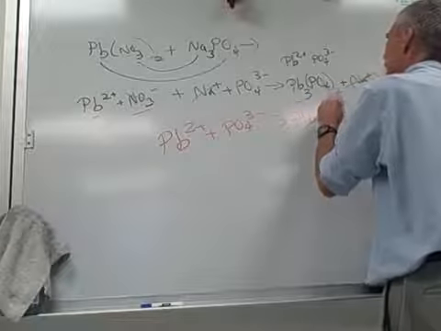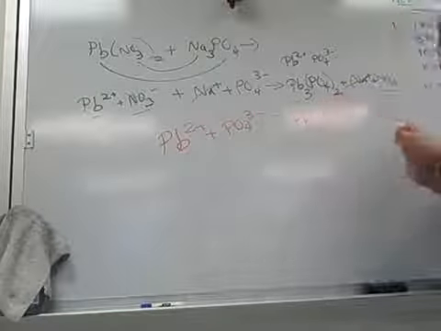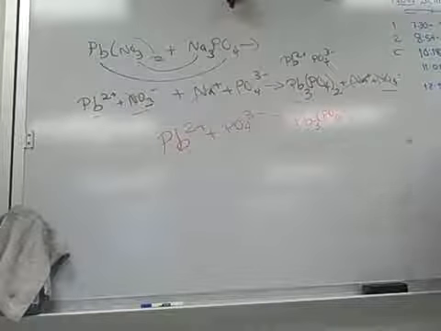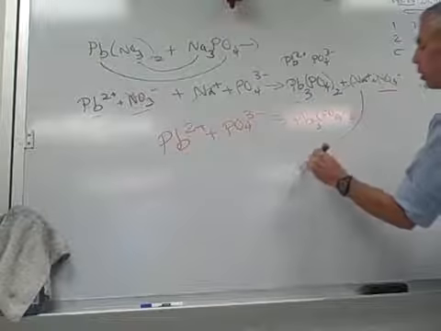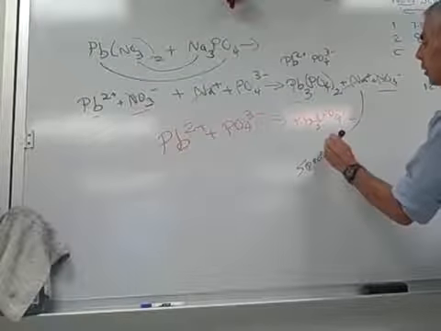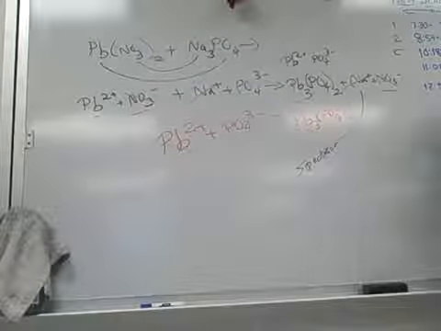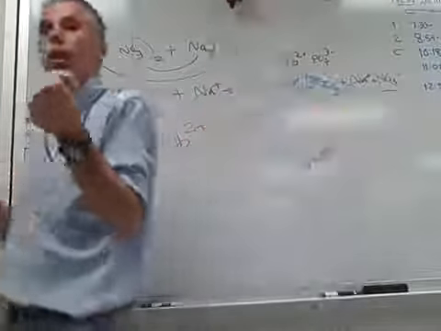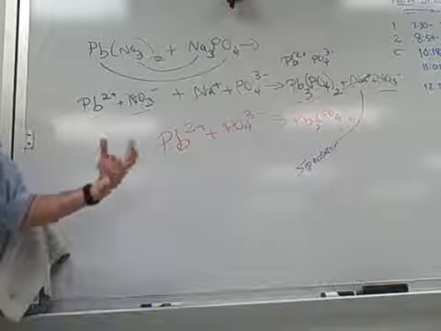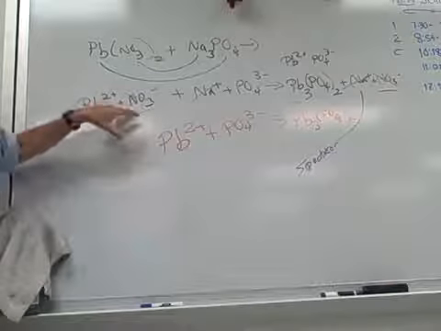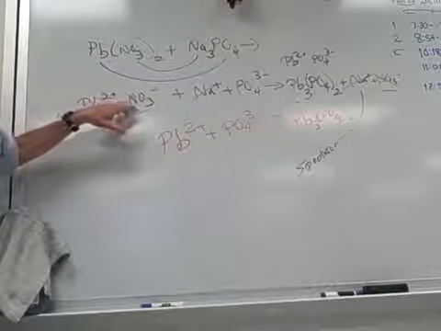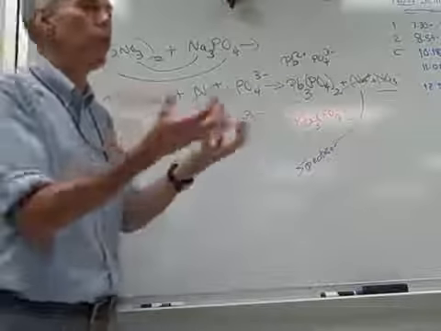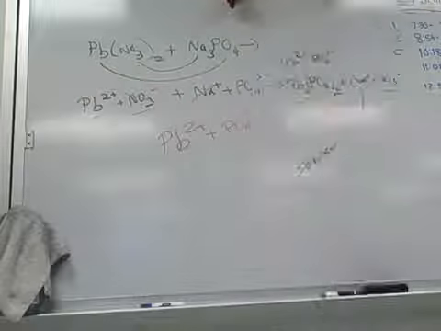That's what actually changed. What are the sodium and the nitrate? Well, there's a name for them. They're called spectator ions. And remember, why do we even have them there? Because their job, when you make the solution, is to bring the other stuff along. So when I wanted to make up that solution of lead nitrate, I needed to have nitrate so I could go get a powder and put the lead in there where I wanted it.